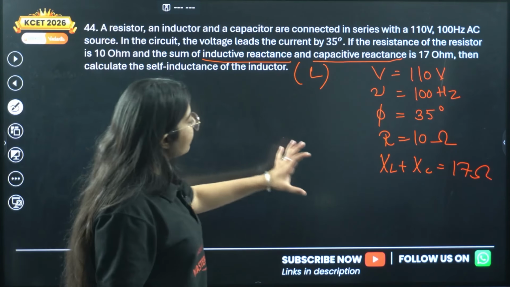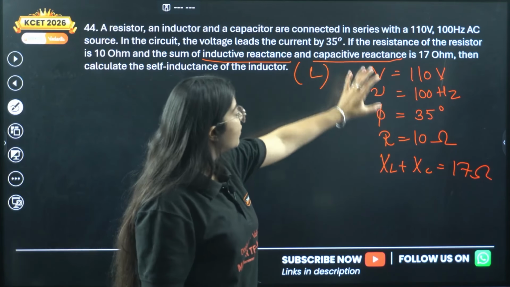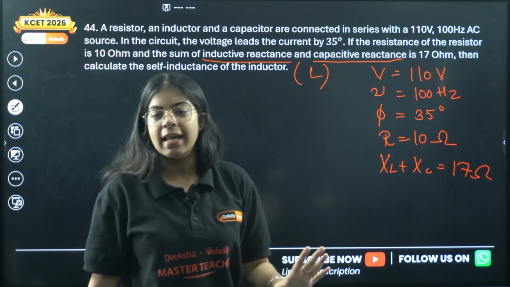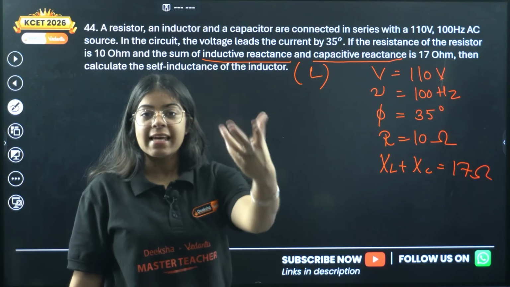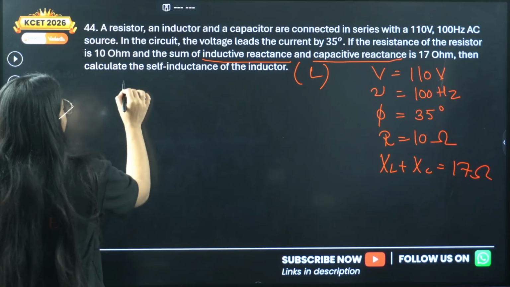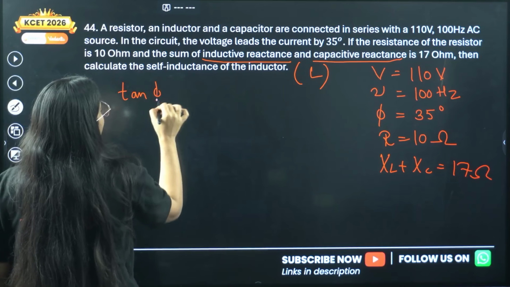Ma'am, we are given XL, XC, we are given phi as well, and R, and we just need to find L. So for L, we need XL. For XL, you now remember this formula, right?